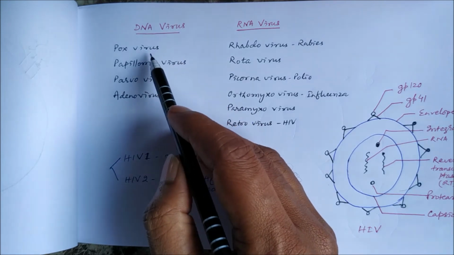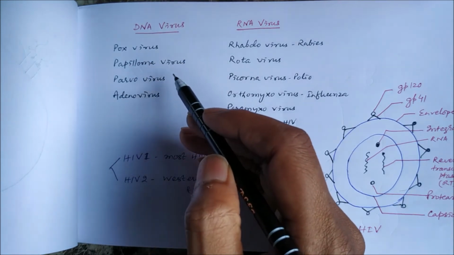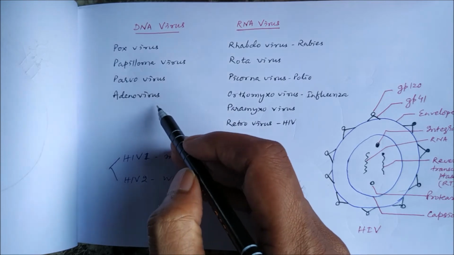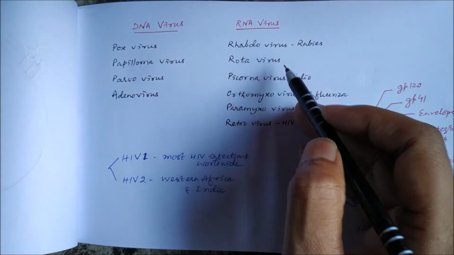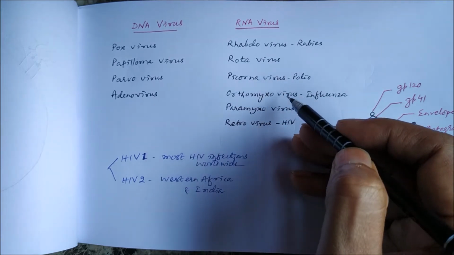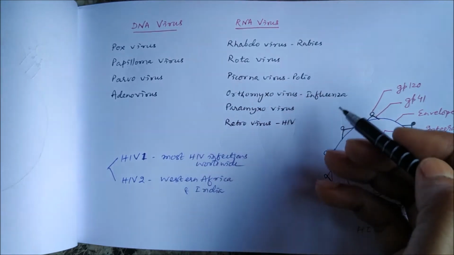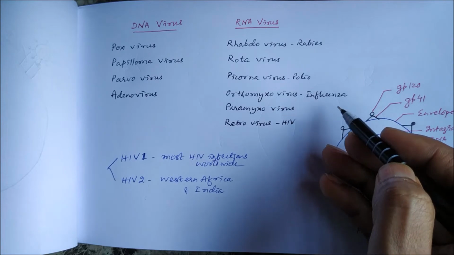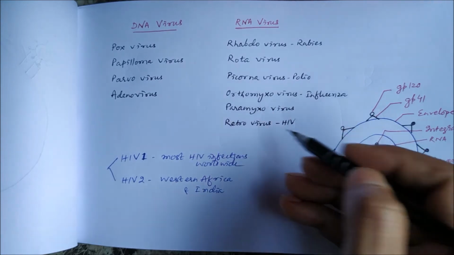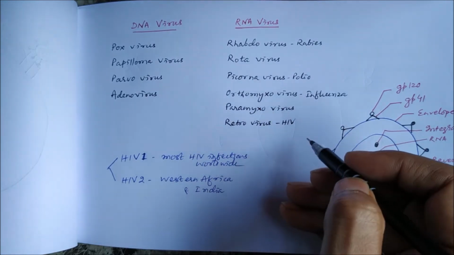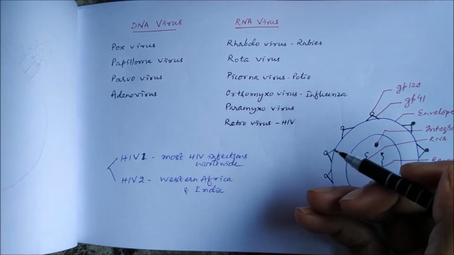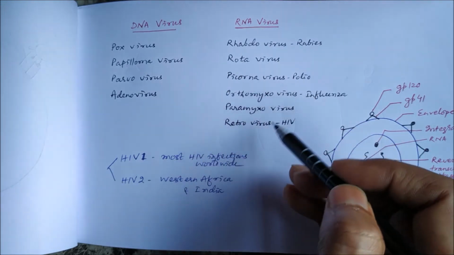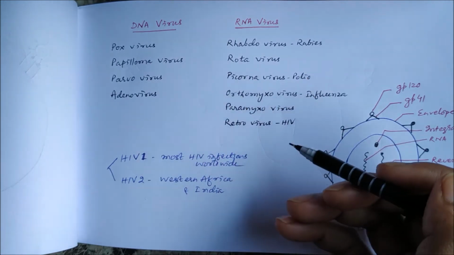Examples of DNA virus are pox virus, papilloma virus, parvovirus, adenovirus. And examples of RNA virus are rhabdovirus, rotavirus, picornavirus, that is polio virus, influenza virus, a type of orthomyxovirus, paramyxovirus, retrovirus, for example HIV, human immunodeficiency virus. So these are some of the examples of RNA virus.